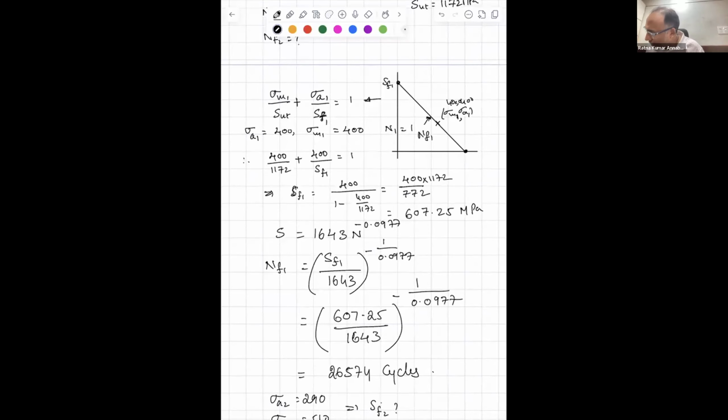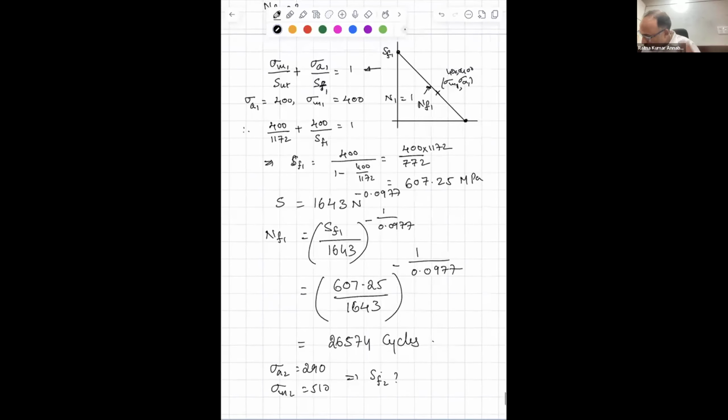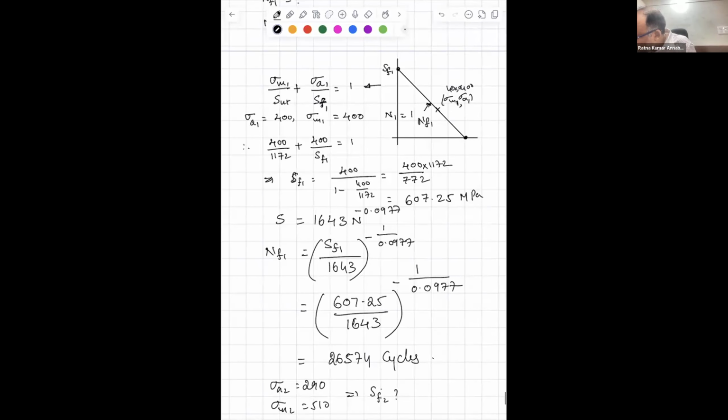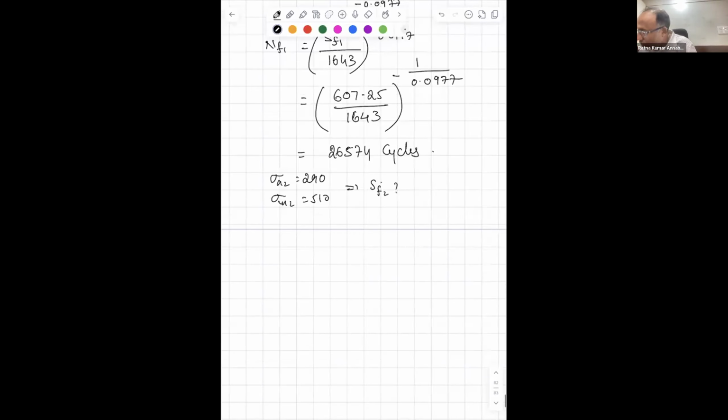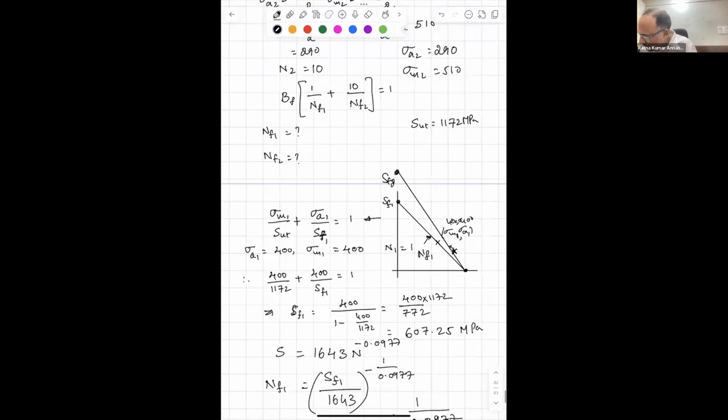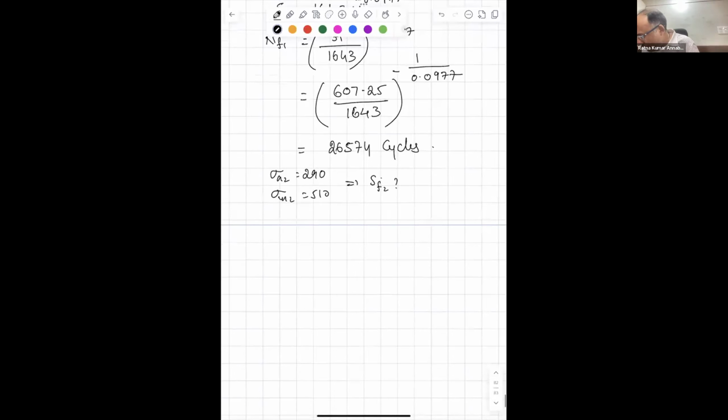I am talking about another line, where sigma M2 is 510, somewhere here, and sigma A2 somewhere here. So I need to find out SF2.